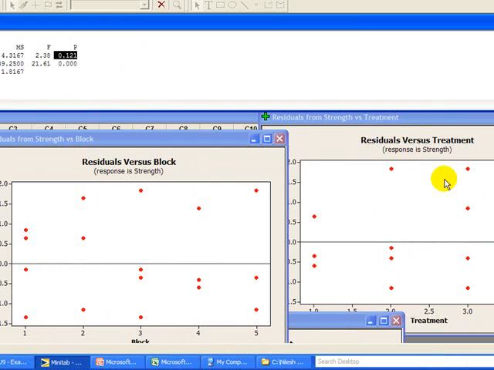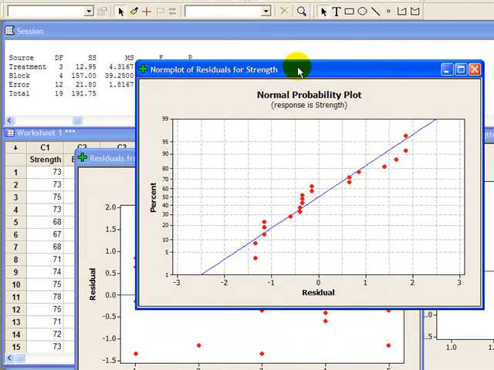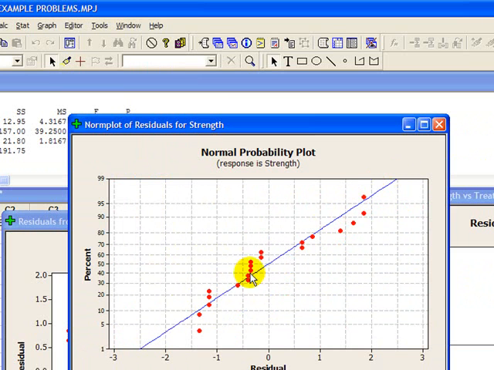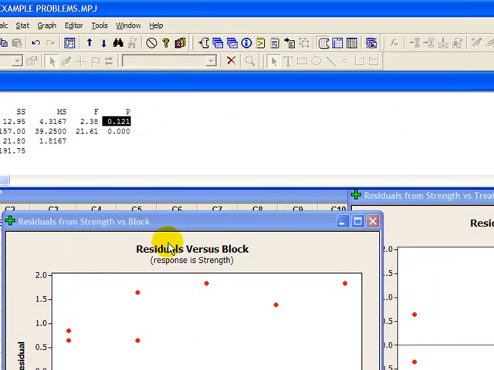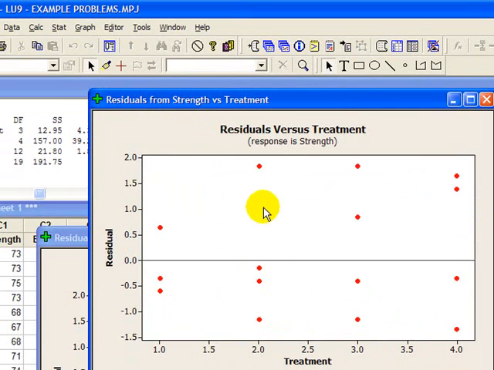Now finally we need to look at the graphs. See the normal probability plot of the residuals, and we can see that they are consistent around this straight line, so the assumption of normality is good. And this graph here, residuals from strength versus treatment, which is chemical agent, more or less it looks consistent to me.